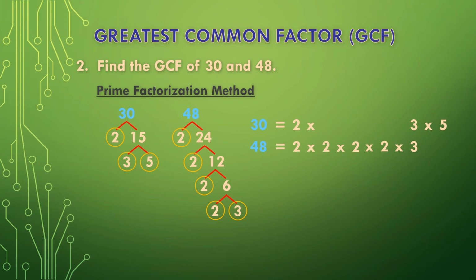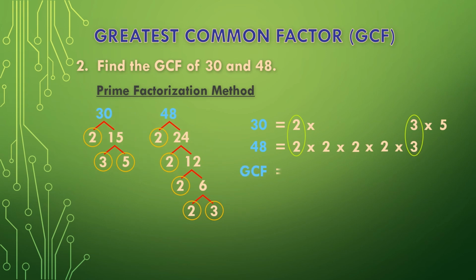All we need to do is identify all the common prime factors. The prime factors that are common to 30 and 48 are 2 and 3. The GCF is the product of all the common prime factors. The greatest common factor, or GCF, of 30 and 48 is equal to 6.